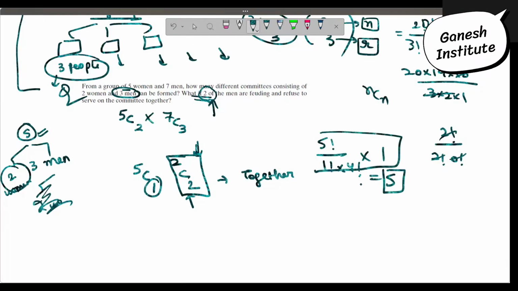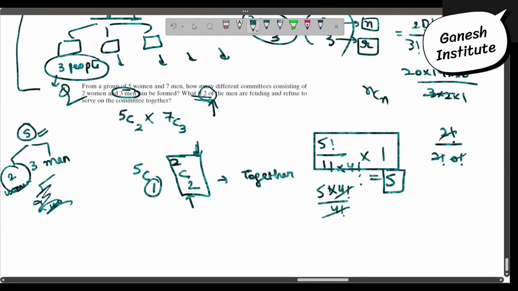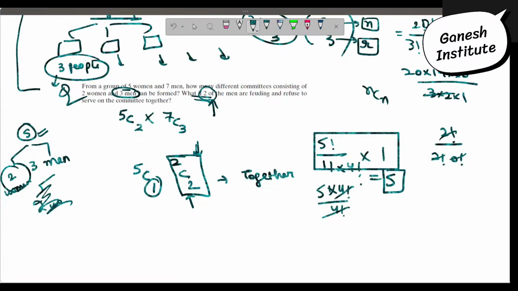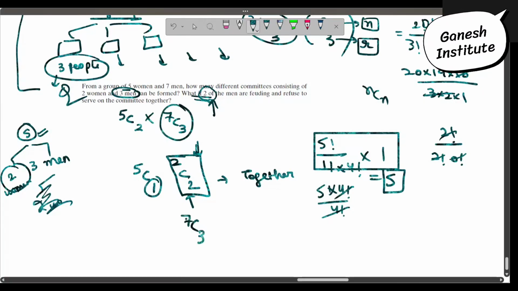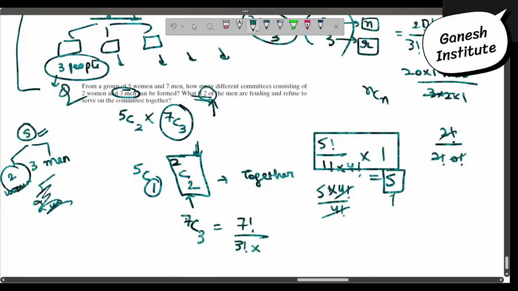If you solve this, you have 5 ways, because 5 into 4 factorial will be taken down. So there are 5 ways that they'll be together. Out of 7C3, which is the arrangement for men, I need to take away these 5 ways so that they cannot be together.